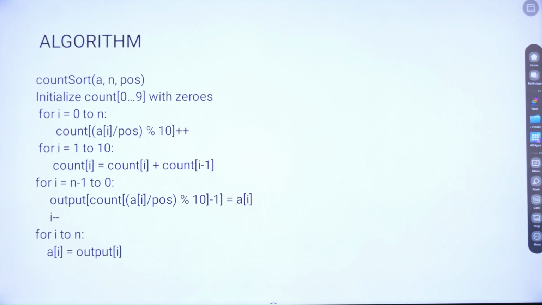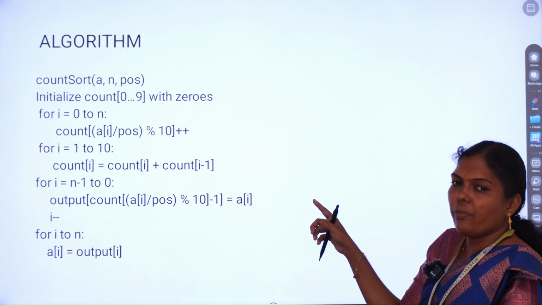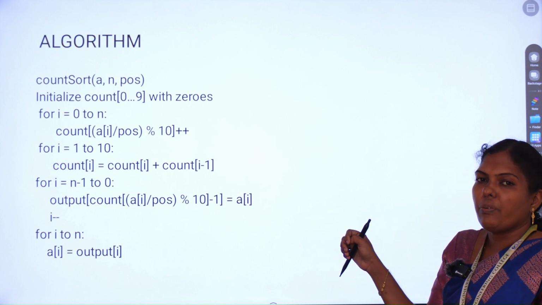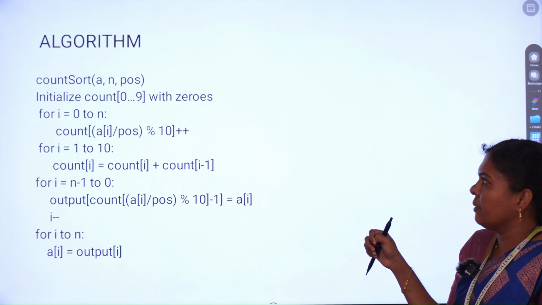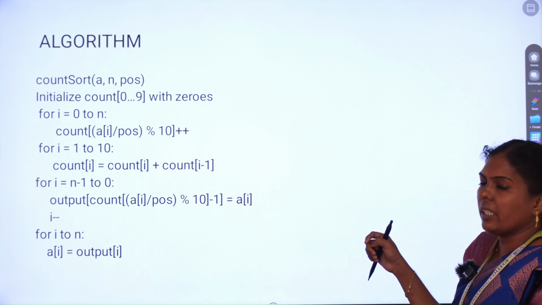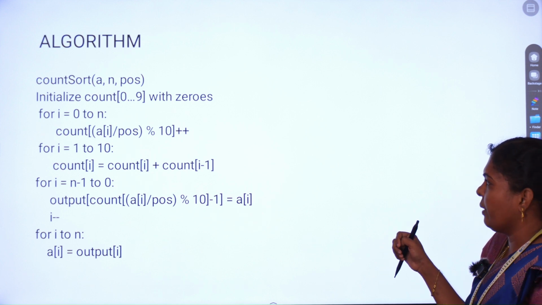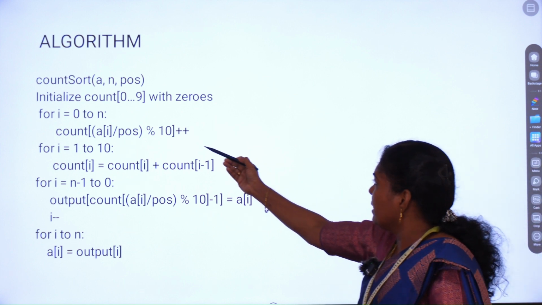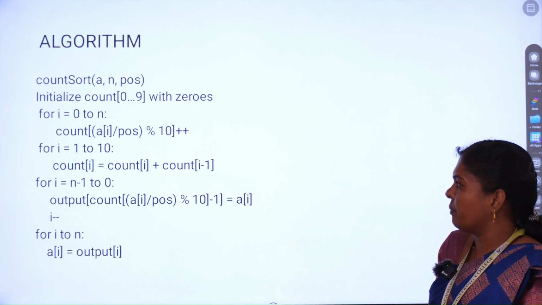Then we see the counting sort. Count sort of A. A is an array of elements and n is the number of elements in the list. Then the position of the digit. Then initialize the count. The size is 10, so it goes from 0 to 9. Here this line is used to extract the current position of the digit.